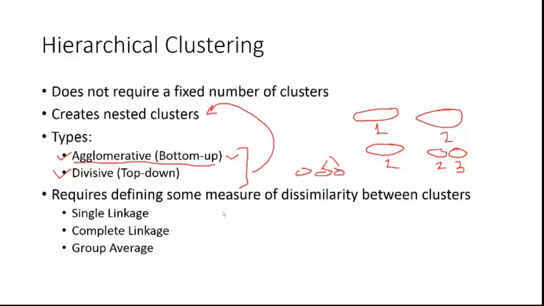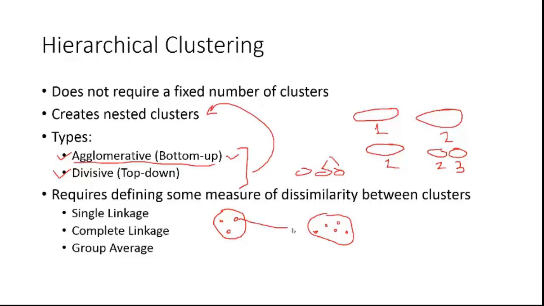Let me give you a concrete example. Here is one cluster and there are three data points within this cluster. Here is another cluster with, let's say, 5 data points. Single linkage basically takes each combination and sees which combination is minimum.